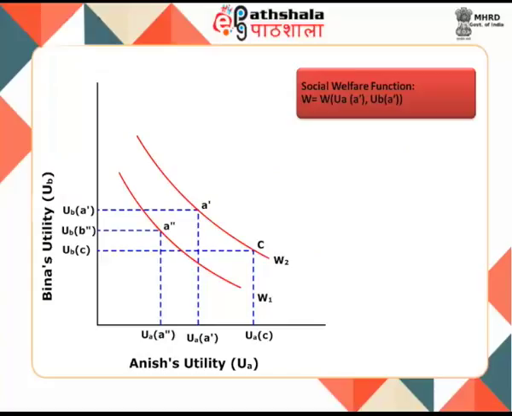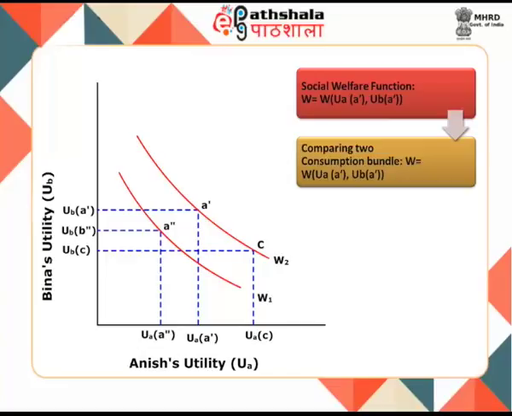Hence, social welfare function W at point A dash may be written as W = W(UA(A dash), UB(A dash)), and if there are n members, so that i is equal to 1, 2 till n, then W = W(U1(A dash) till Un(A dash)).